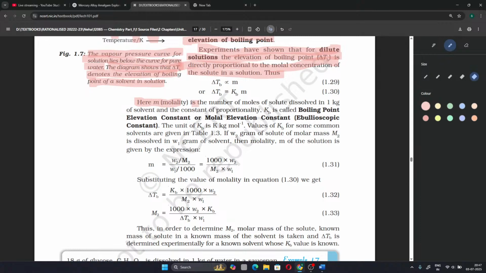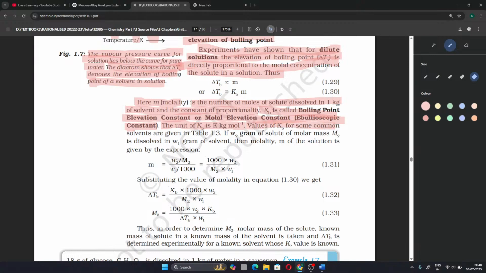Small m is molality, the number of moles of solute dissolved in 1 kg of solvent, and the constant of proportionality Kb is called boiling point elevation constant, molar elevation constant, or ebullioscopic constant. The unit of Kb is Kelvin kg per mole.